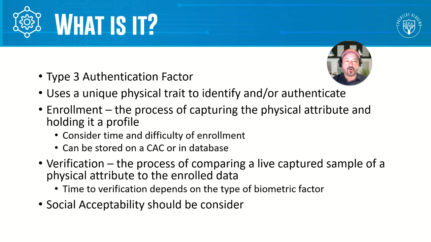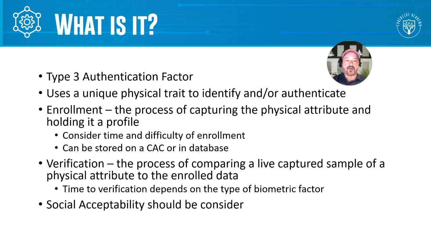The process of enrollment is capturing that physical attribute and holding it in a profile. One of the things you have to consider when implementing a biometric system is the time and difficulty of enrollment. That profile information is held in either a database or in a common access card or some other place.